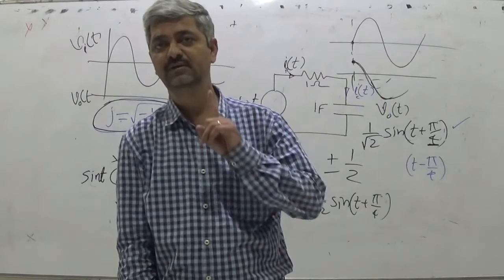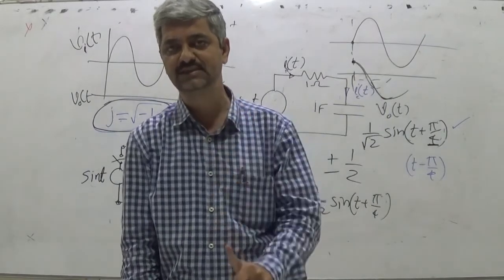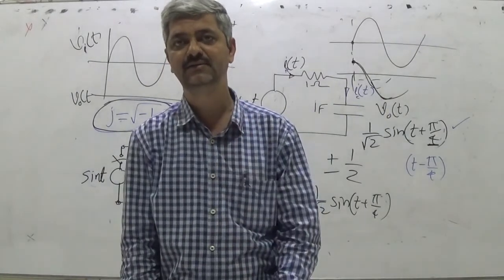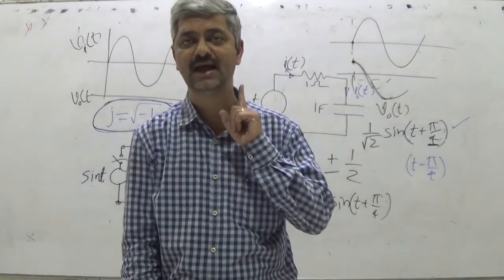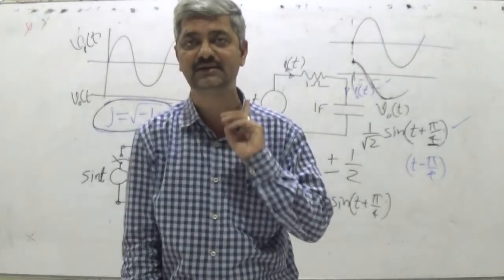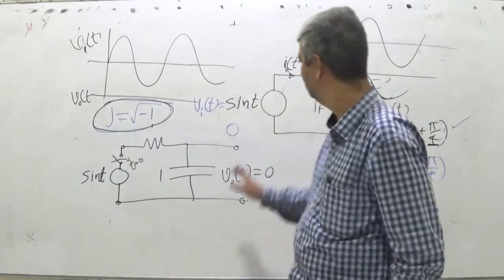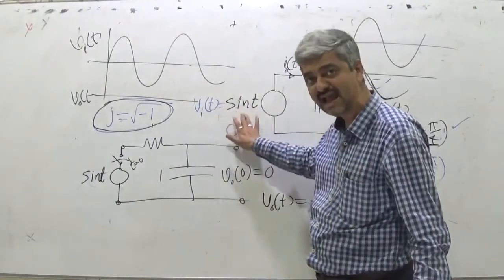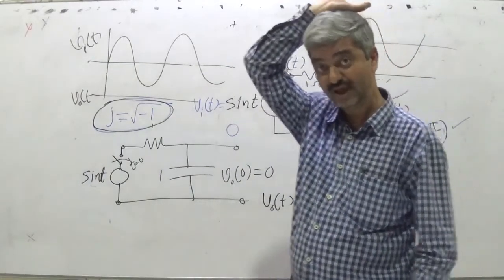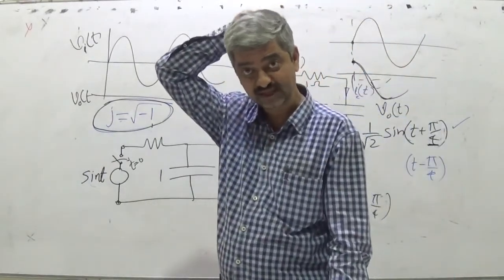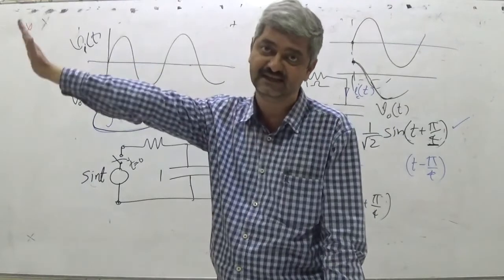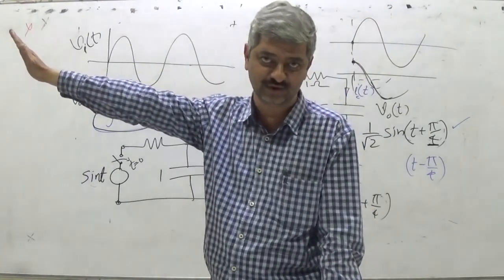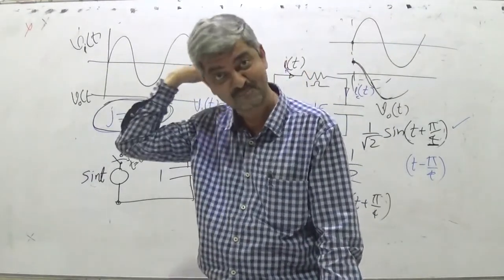So the answer what I find when I apply the input unconditionally, means when I say that V in t is sin t, it means that it is valid for all t, right from the beginning, right from t equal to -infinity.